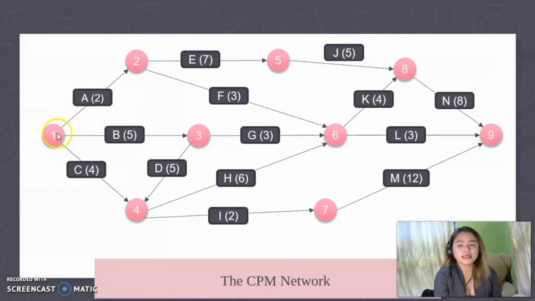So node number 1 is our starting node, and node number 9 is our ending node. Now let's find out which path has the maximum duration. This path is our critical path. In order to find a critical path, we have to follow several rules.